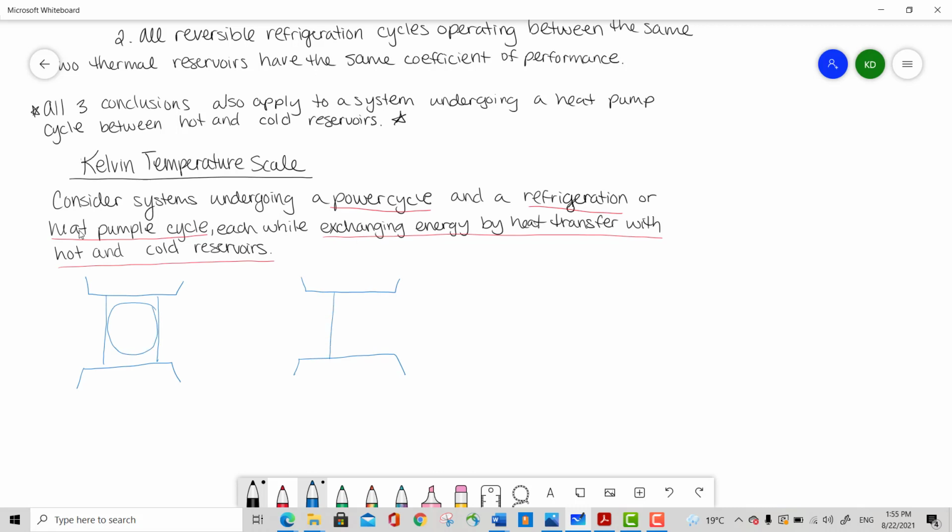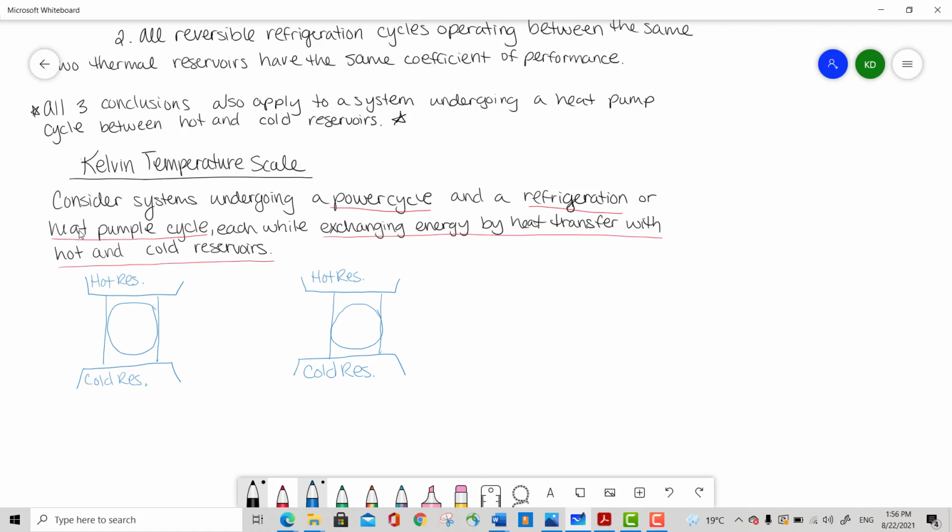And again, I find it extremely valuable to draw out what you are dealing with. So hot reservoir, so that you can get a mental picture of what's going on. Because these are the types of things that you could be dealing with in your future job.